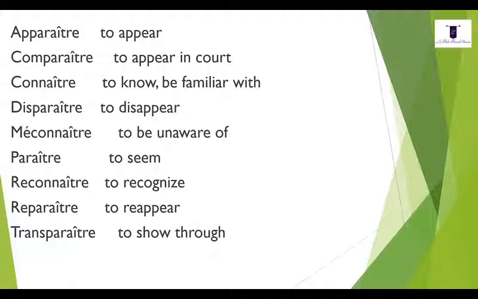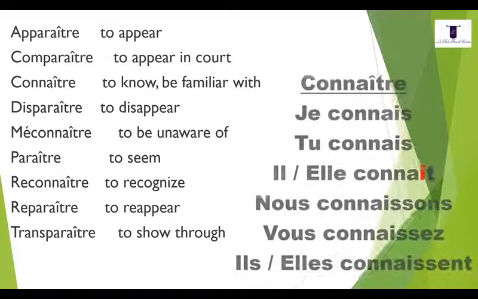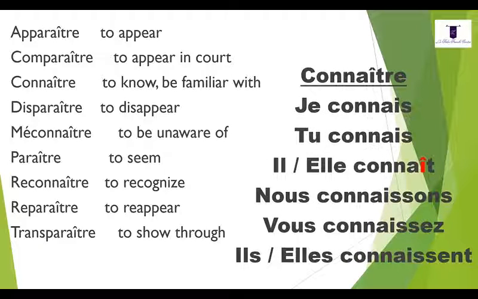Now let's see the verbs. So these are the verbs first. We have the verbs apparaître, comparaître, connaître, disparaître, méconnaître, paraître, reconnaître, reparaître, transparaître. They all have accent circumflex on the I before the TRE. And this is the verb connaître.